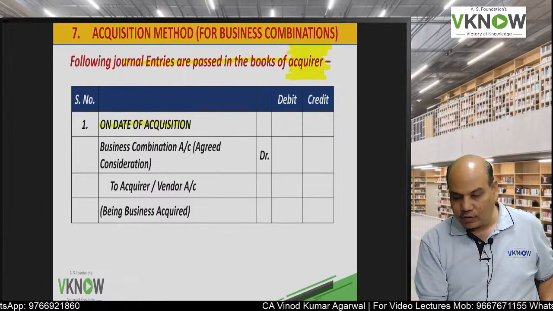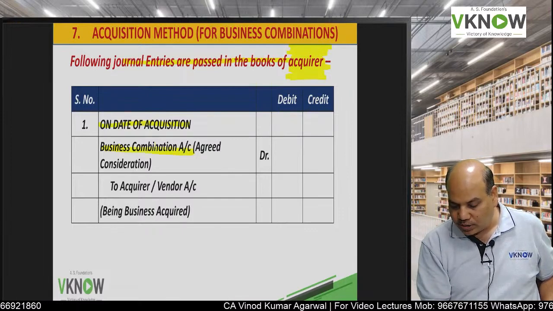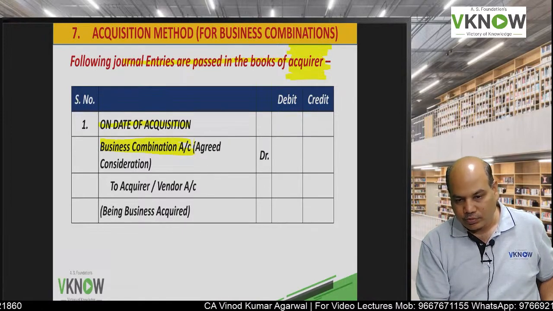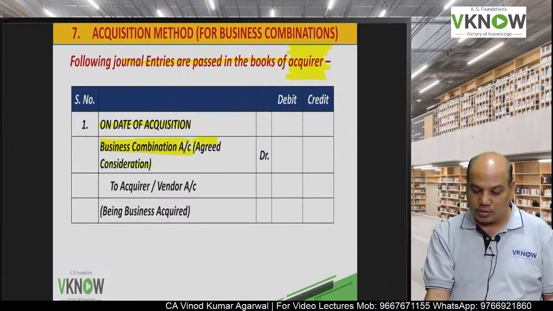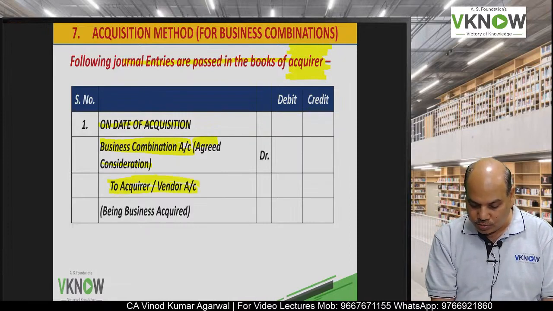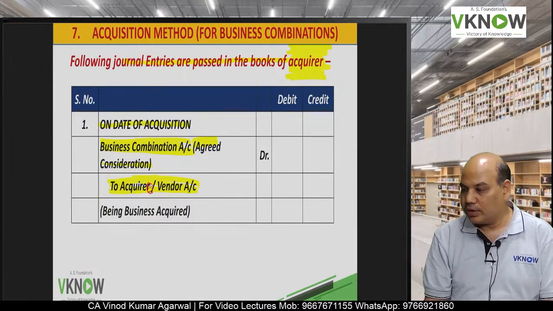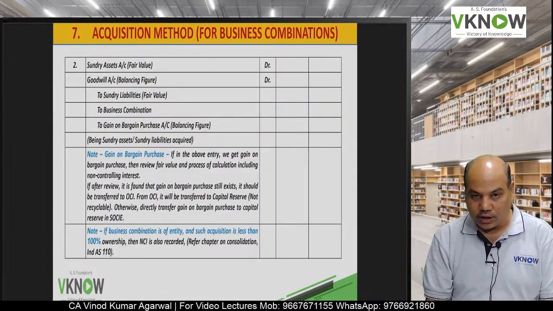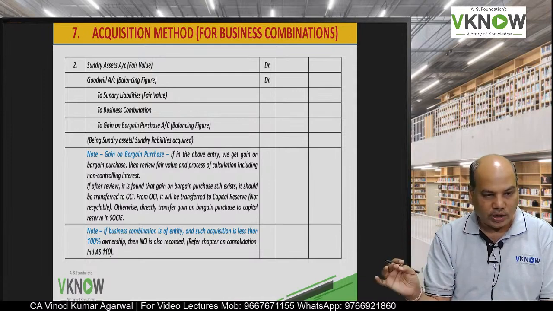So on the date of acquisition, we will write business combination account debit, agreed consideration. The amount is equal to the agreed consideration to the acquiree or vendor, being business acquired. First entry, business combination account debit to vendor account.